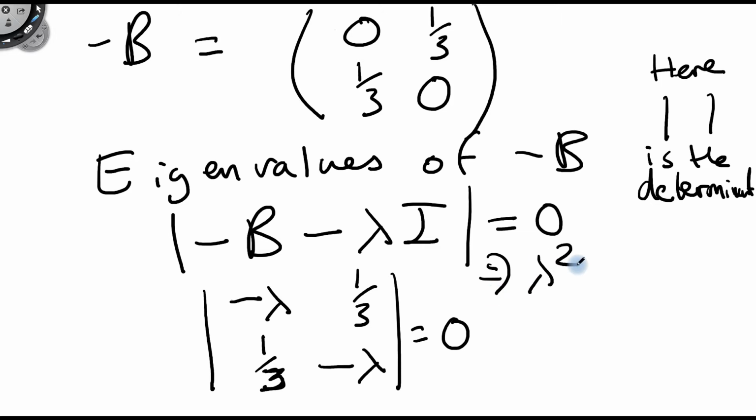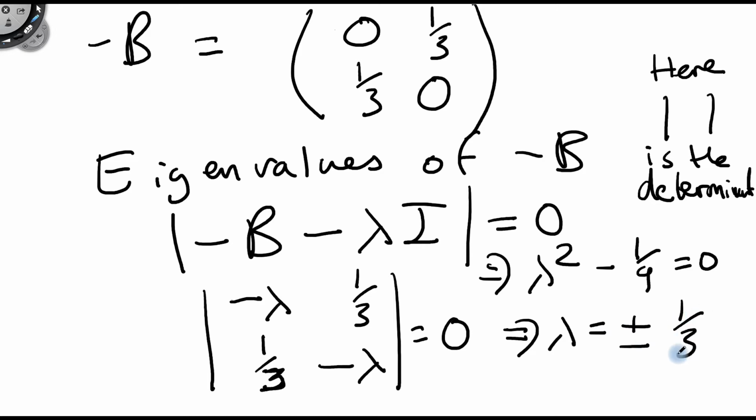That implies that lambda squared minus a ninth equals 0, which implies that lambda equals plus or minus a third.